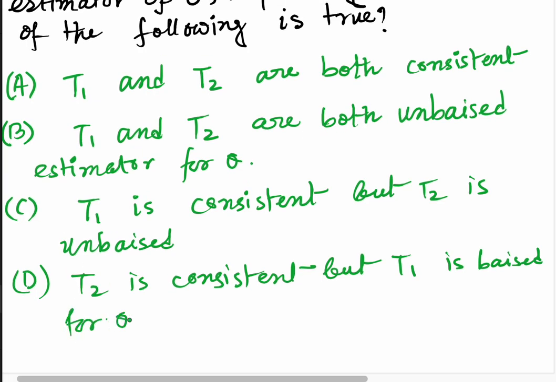So basically we have to check the unbiasedness condition and consistency condition, whether T1 and T2 are unbiased and consistent or not.